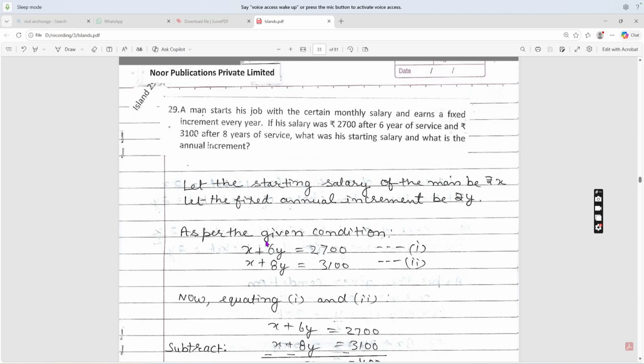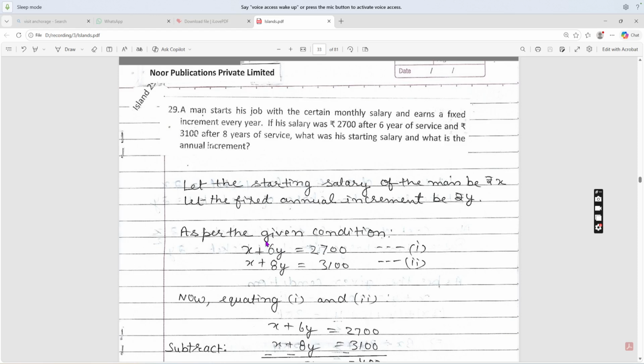This time, the starting salary is fixed, that is going to be rupees X, and the fixed annual increment be Y rupees. So, as per the given condition, we can say X plus 6Y is equal to 2700, because X is the starting salary, which is going to be fixed in both the cases, and 6 is the number of years, and Y is the increment per year.